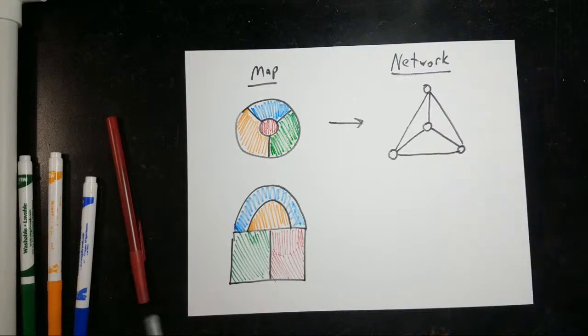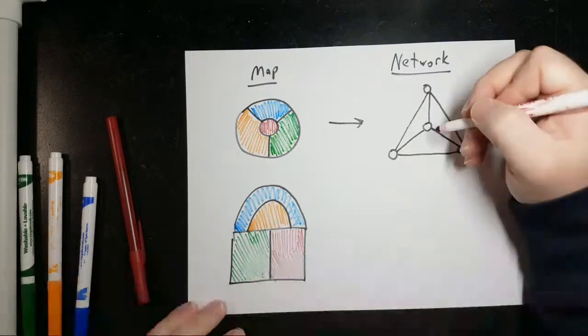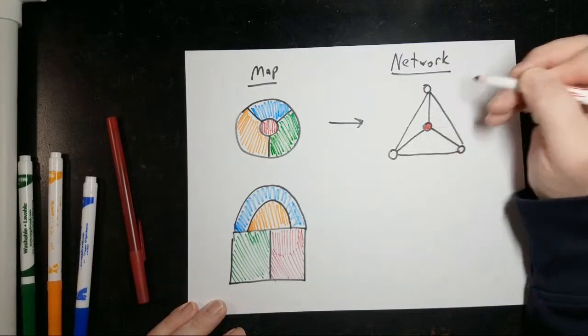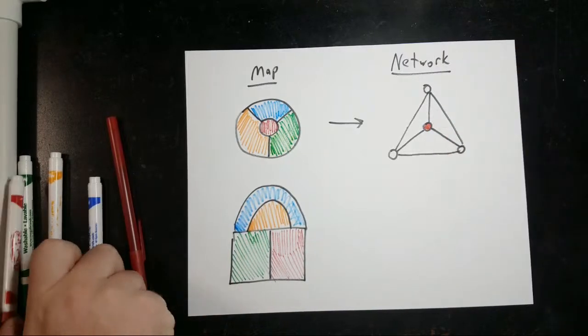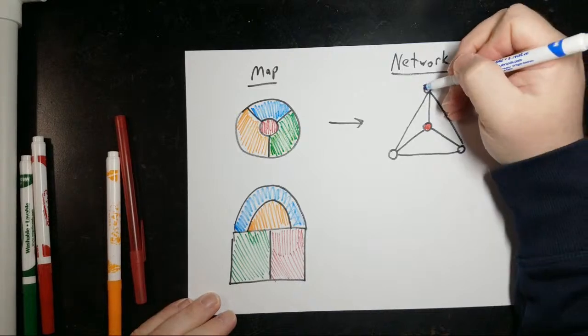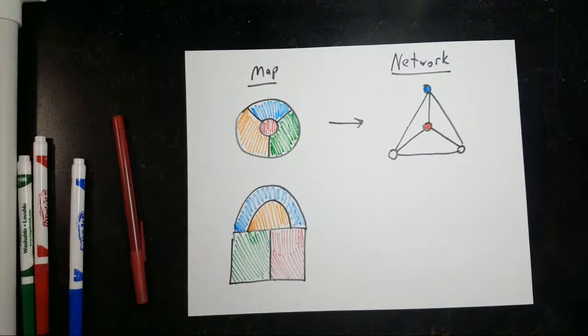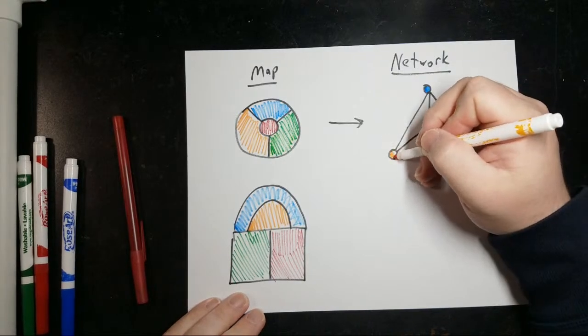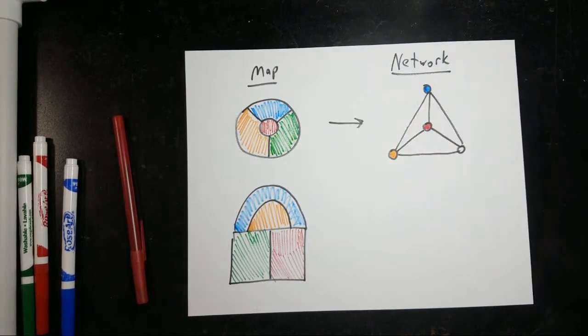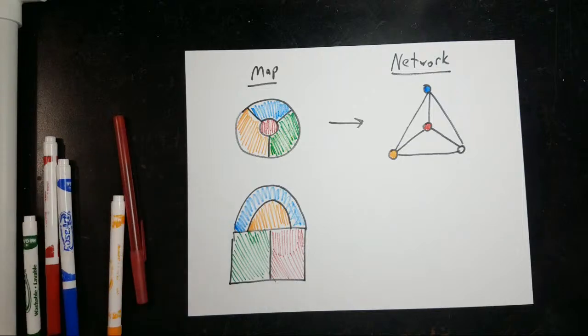But look at these connections. You have red right in the middle. And red has a connection to blue up top. Red has a connection to orange down to the left. And green down to the right.